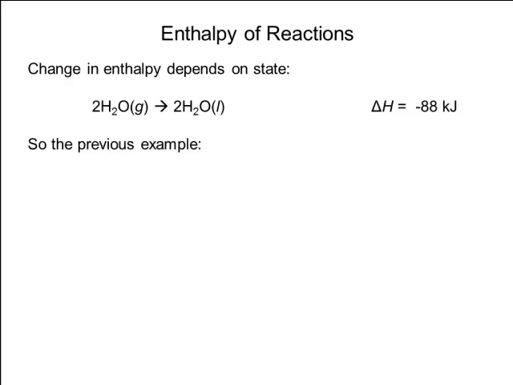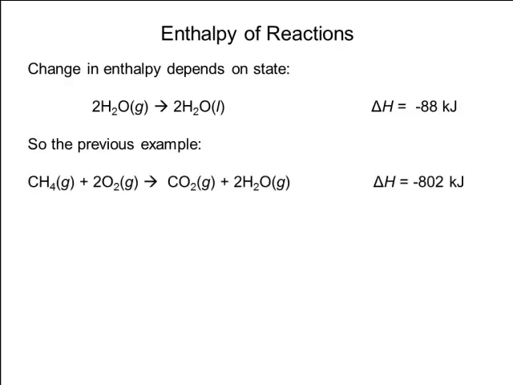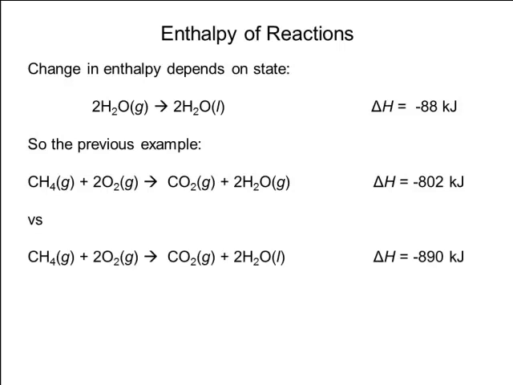If I look at that previous example, I had gaseous water, and it was a negative 802 kilojoules. Now let's say I take my reaction, and instead of gaseous water, I have liquid water. Well, the delta H for that reaction is a negative 890 kilojoules. Why? To go from those 2 moles of gaseous water to 2 moles of liquid water, I have to give up an additional 88 kilojoules.